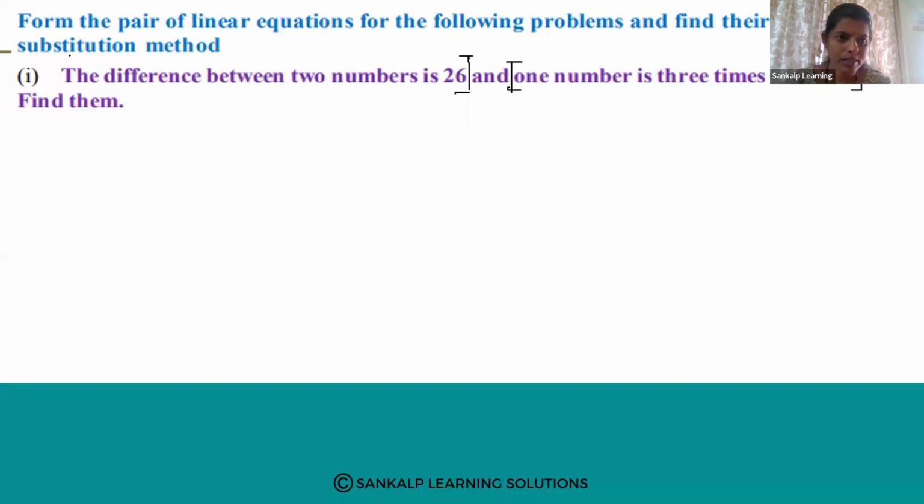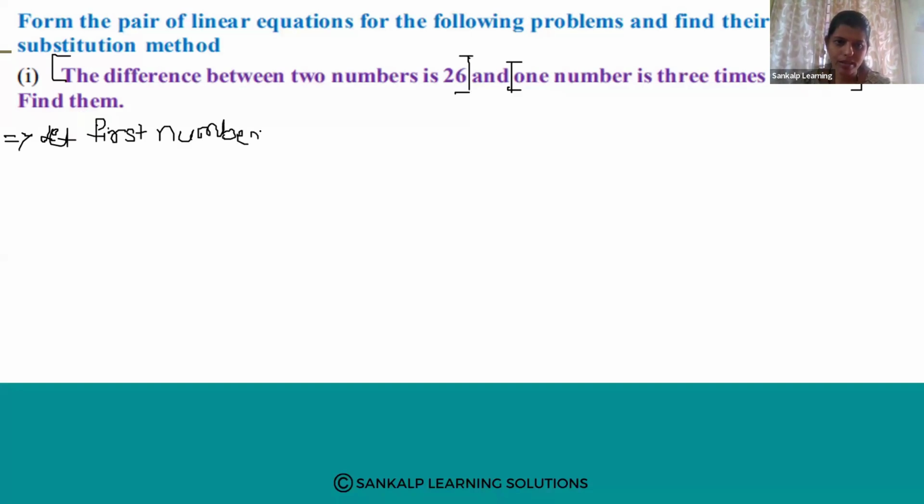That means we get two equations. First, let first number be x. Okay. And second number be y.